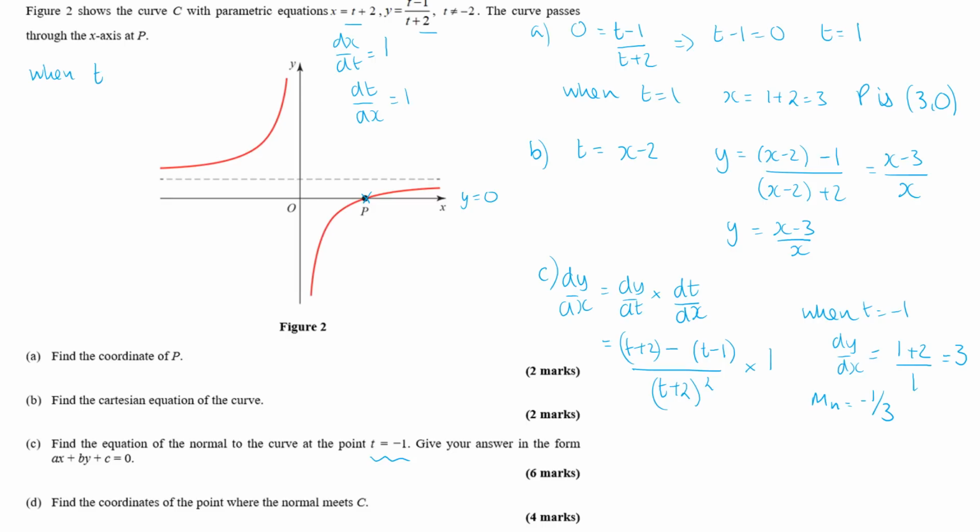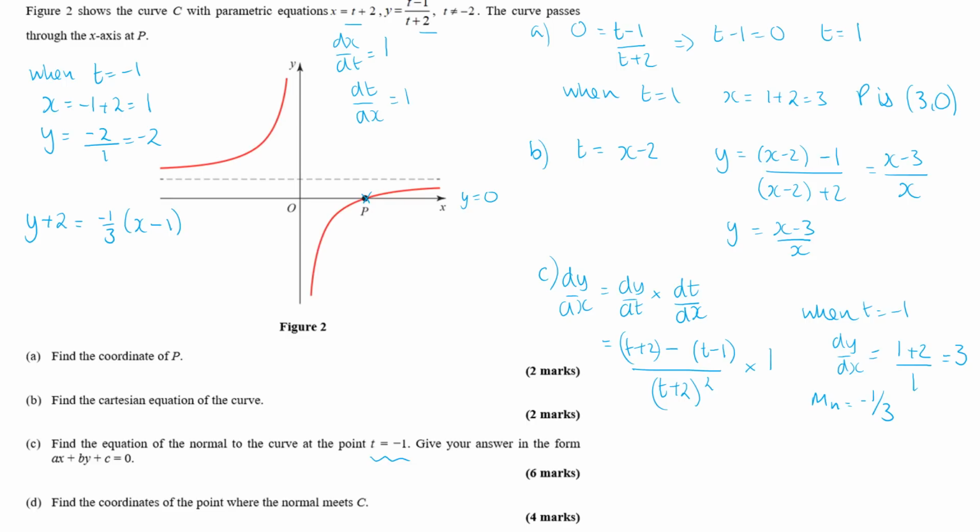When t is equal to minus 1, x is equal to minus 1 plus 2, which is 1, and y is equal to minus 1 minus 2 over minus 1 plus 2, which is minus 3 over 1, so it's minus 3. So we need to do y minus y1, so y plus 3, is equal to the gradient of the normal, minus 1/3, times x minus x1, which is minus 1.